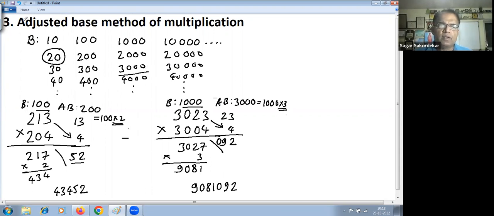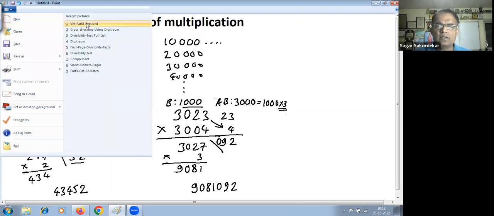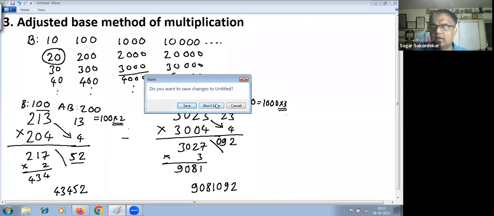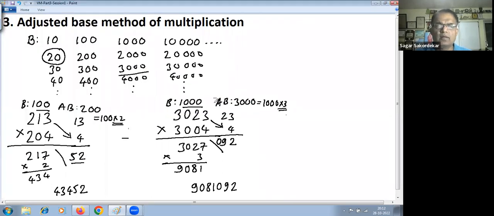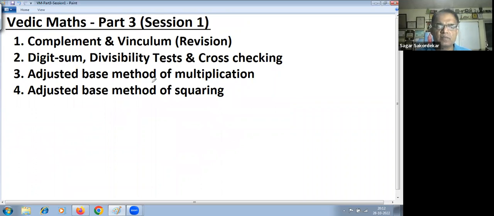Similar way is the next topic, adjusted base method of squaring. We'll move to the next topic, the last topic of the session. We have finished adjusted base method of multiplication. The last is adjusted base method of squaring.